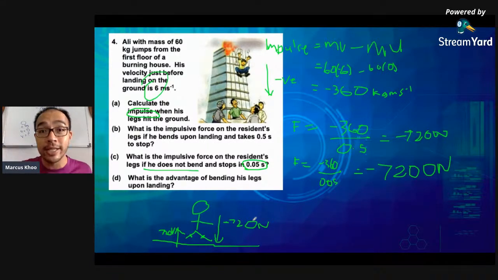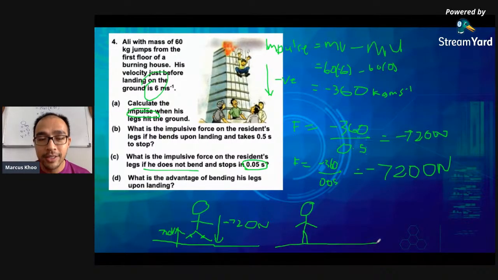I'm not saying the force is going to be gone. It's definitely going to be there because you're falling. But let's say you land with super straight legs like this. You are going to apply a force of negative 7,200 newtons onto the ground.